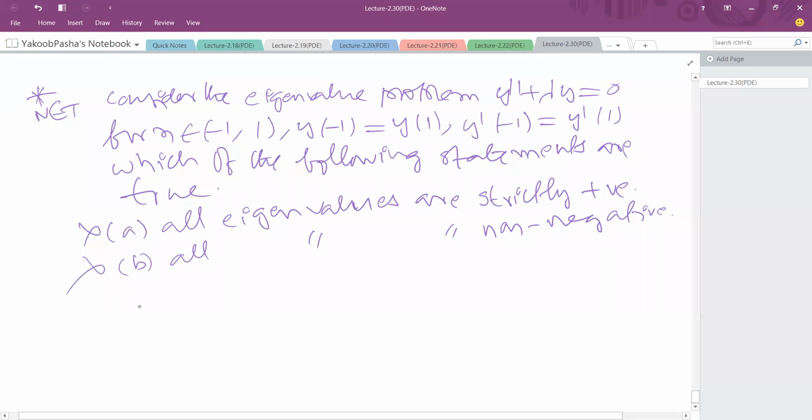And option C: distinct eigenfunctions are orthogonal.